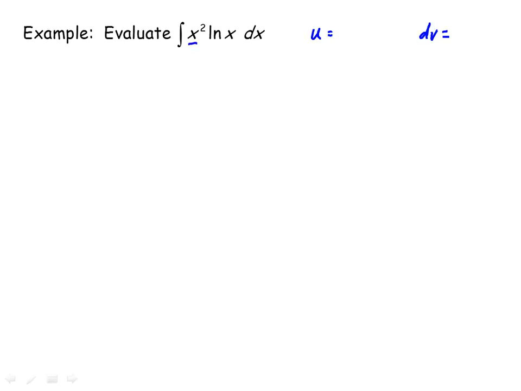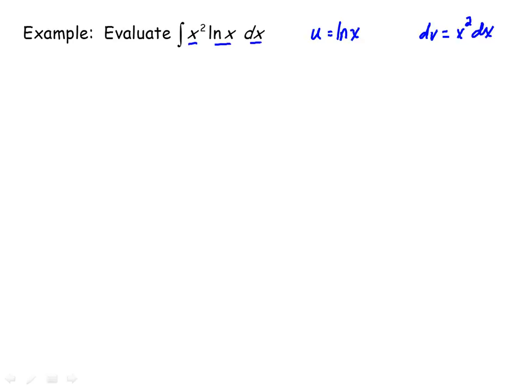So here are your parts. You have x squared, ln x, and dx. dv cannot be natural log. You cannot take the antiderivative of natural log. So, u has to be that natural log. dv is going to be the rest of it, x squared dx.